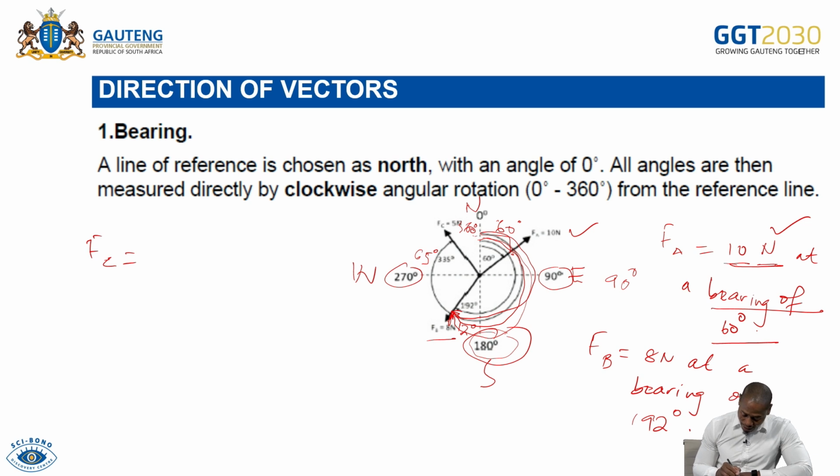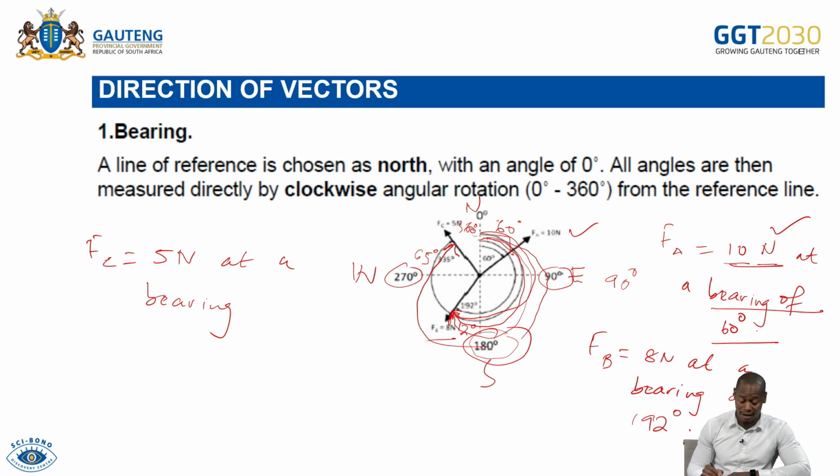The magnitude there is 5, so we'll say it's 5 newtons, at a bearing of what? You are moving from north, no shortcuts, and you move clockwise up to that force. Between 270, which is your west, and this force, the angle there is 65.